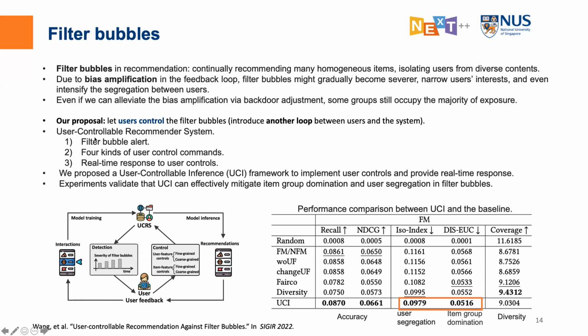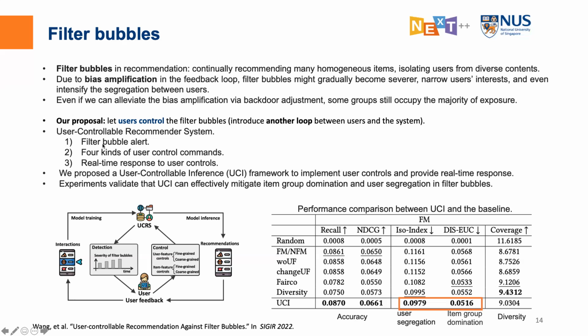So this kind of system has three functions. One is filter bubble alert. It means that we define several metrics to measure the filter bubbles and tell the users what kind of bubble they are in in the current situation. And then we can alert the users if they are deeply in the filter bubble for a long time, right?